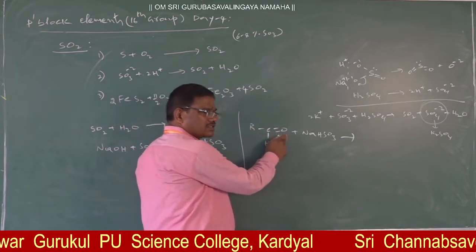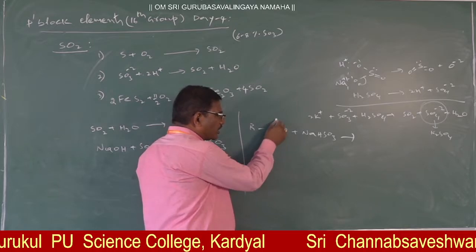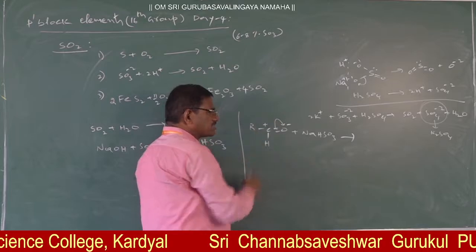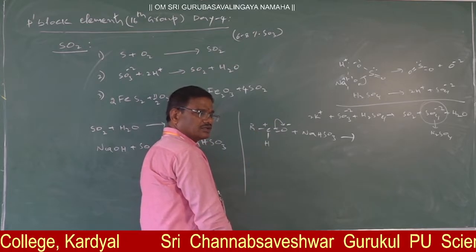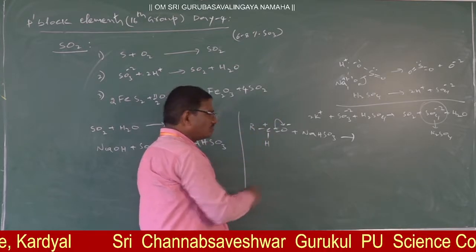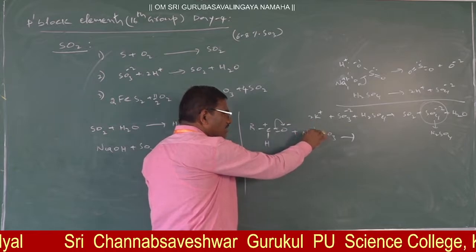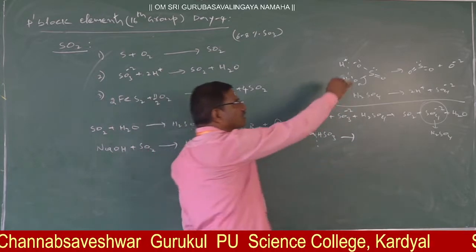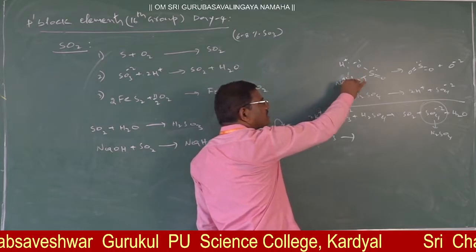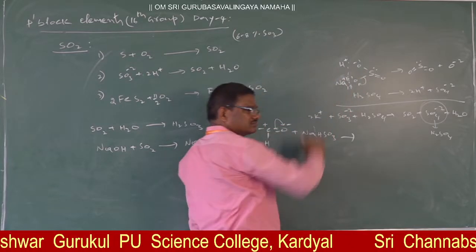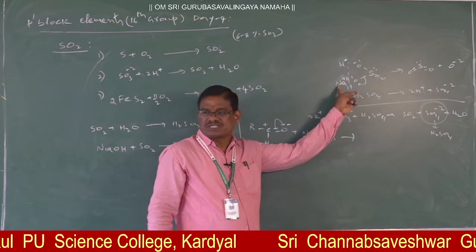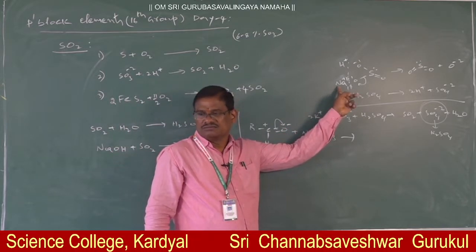Here carbon and oxygen: oxygen is more electronegative. Like this polarization takes place, during which it is plus, it is minus. Correct? Plus and minus. In that case, cleavage takes place in this way. Where the cleavage takes place, Na will become plus, an electrophile.